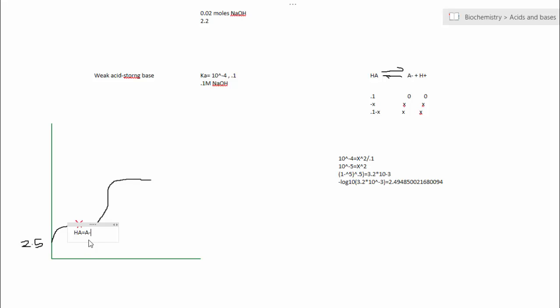And if you remember, at this point, when we have equal concentrations of an acid and its conjugate base, the pKa equals the pH. We know that the Ka of this acid is 10 to the negative 4, and the pKa of it is 4, so the pH at this point will equal the pKa, which is 4.